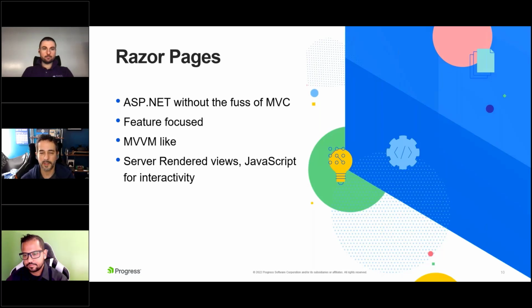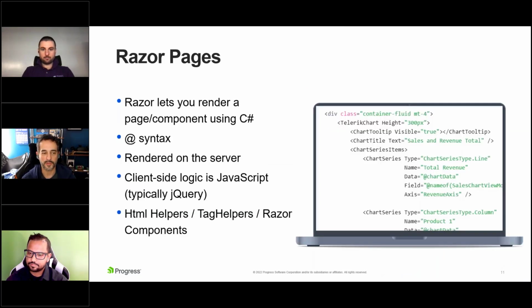So this is getting a little bit closer to that web forms feel. But it basically has a small MVC style application, but in that one feature that you're building. So it's very MVVM like rather than this MVC style. And again, those are also rendered on the server and use JavaScript.